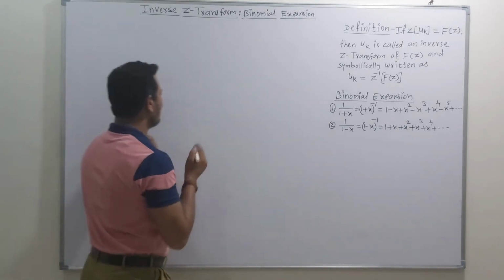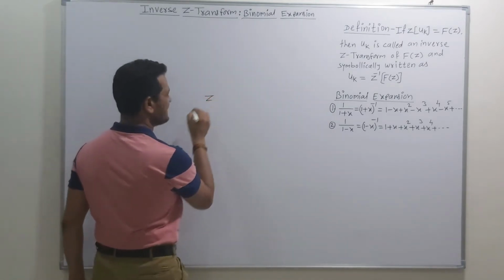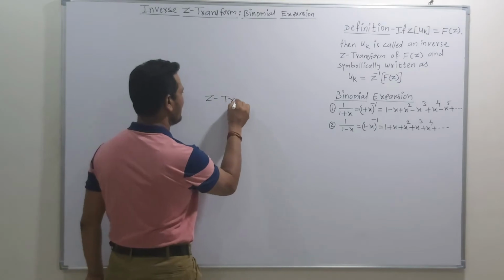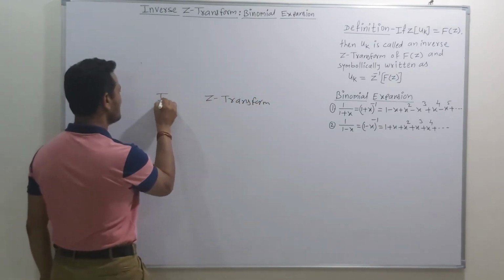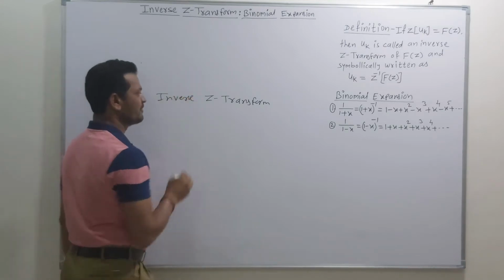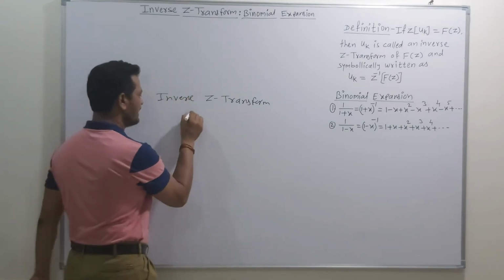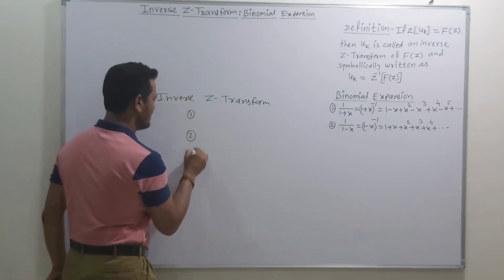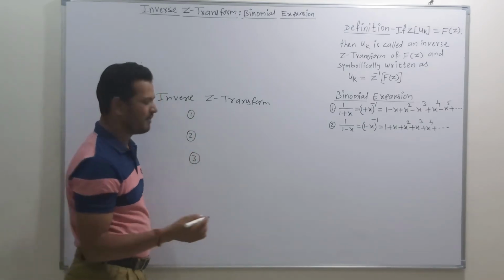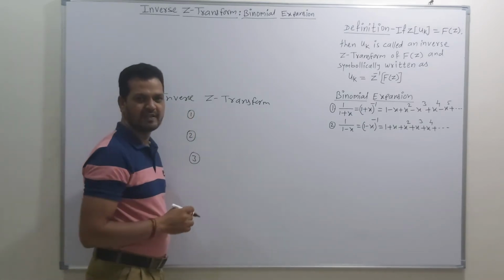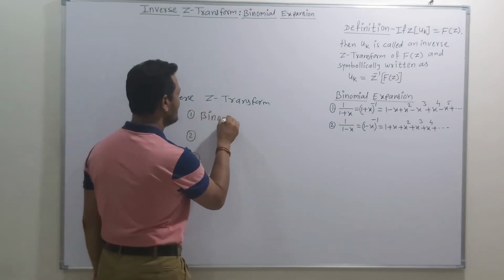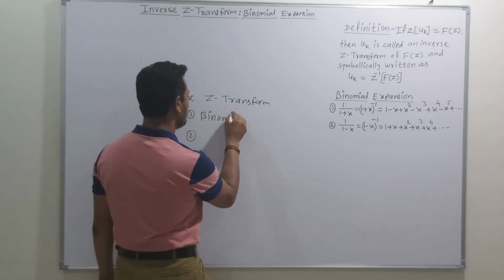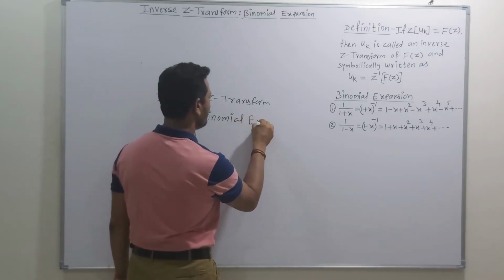So friends, for finding the inverse Z transformation, there are three important methods. The first method is that we can easily find the inverse Z transformation by binomial expansion.